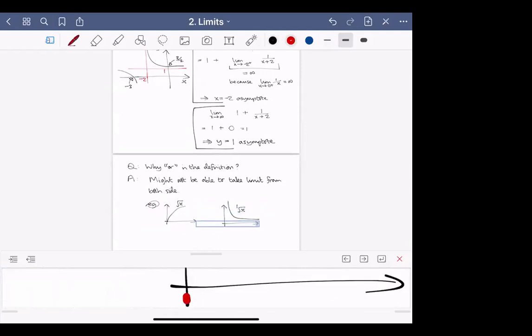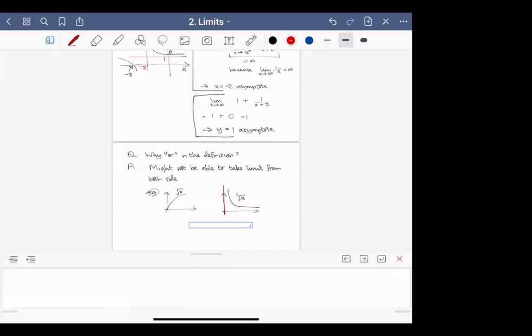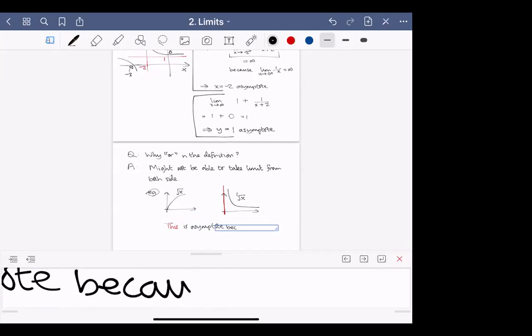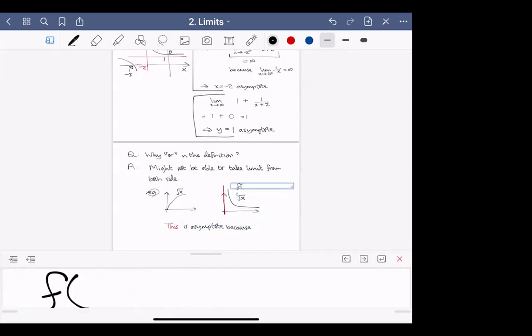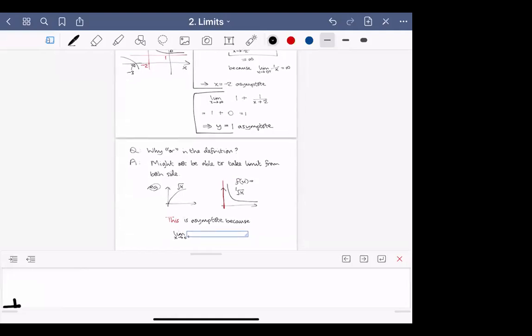And then this line is an asymptote because if I let this be f(x), the limit as x goes to 0 from the right equals infinity.